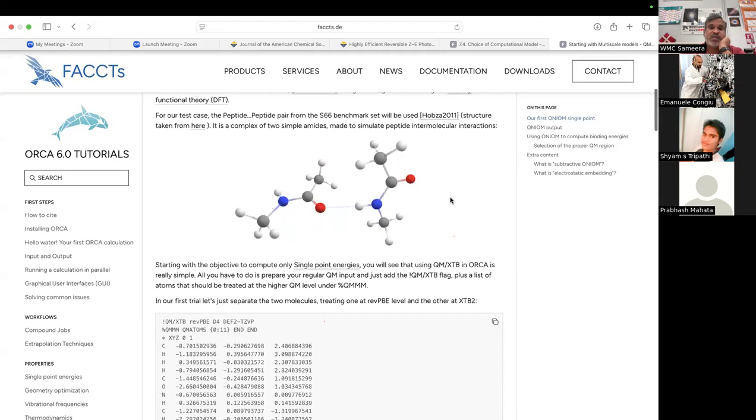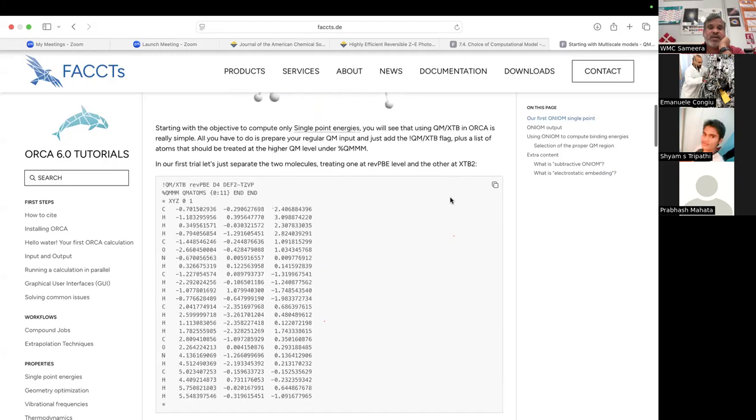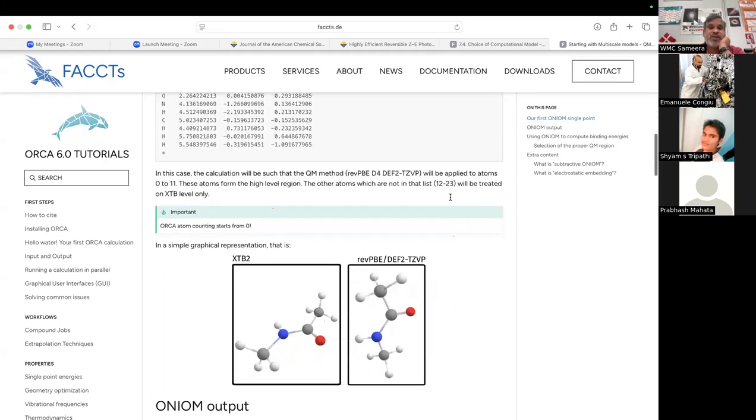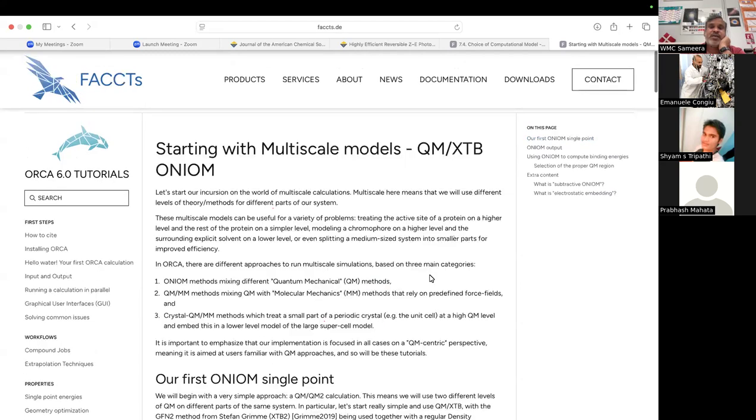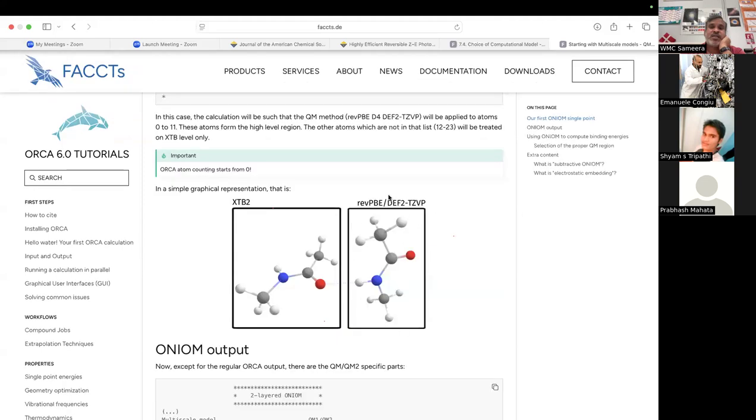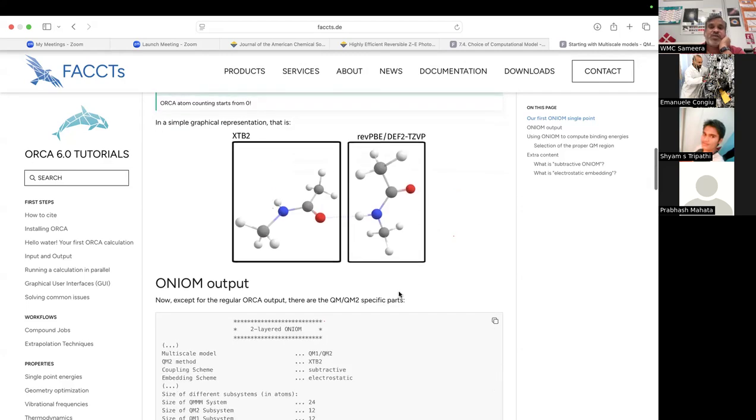So here you can see a very simple example. In this example, what you do is apply the XTB method version 2 to one part of the molecule, and this is the other part of the molecule, and we apply density functional theory. So this is called a two-layer ONIOM because we have two layers, the high layer which is quantum mechanical, and the low layer which is XTB2.